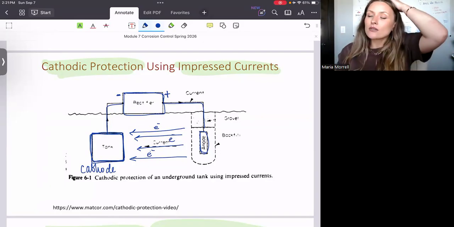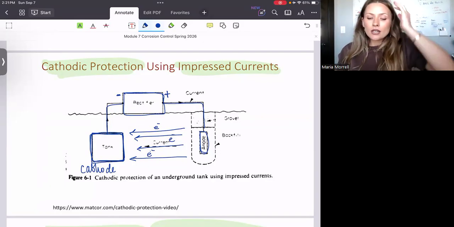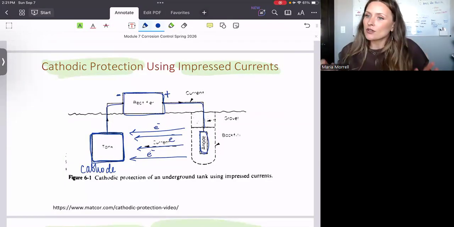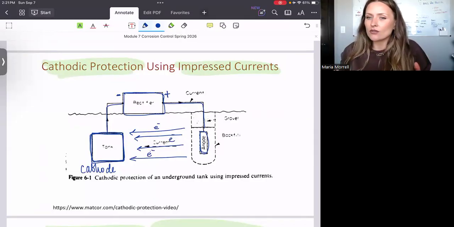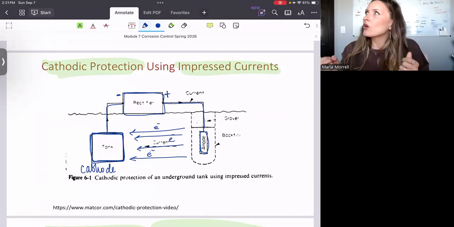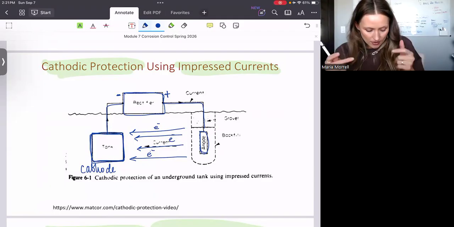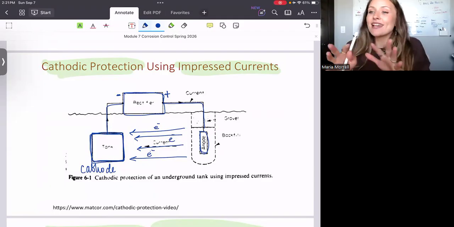Usually, this is used for all the pipelines that run underground. It's also used for structures. Anything that's underground is usually protected by impressed currents. Once you install it, it is easier to maintain it.